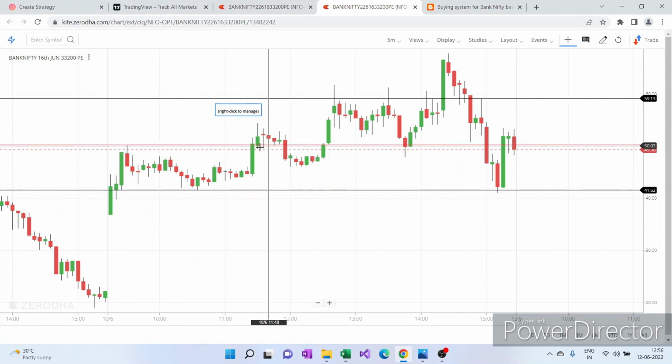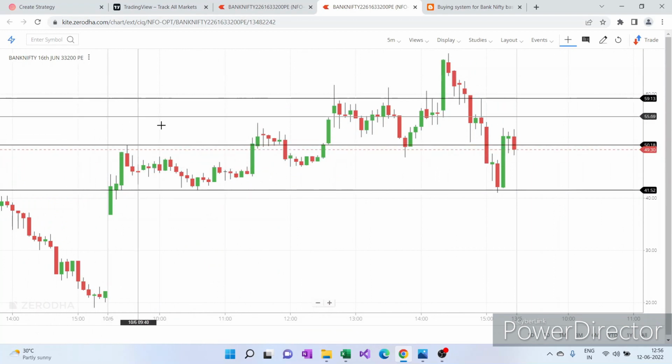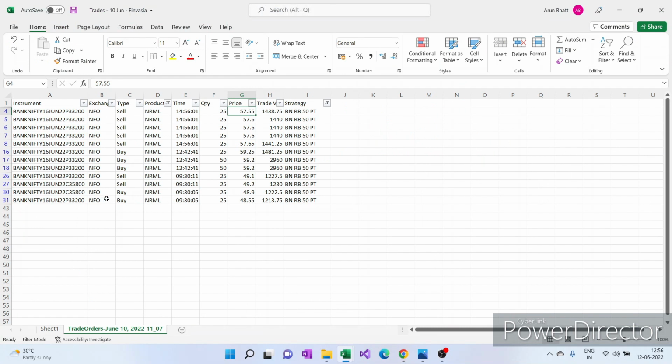This was on the PE side. On the CE side, the option which was near the 50 point was 35,800. So first we note what options are trading near 50 on the PE and CE side for Bank Nifty, which we can see from the option chain also around 9:30.